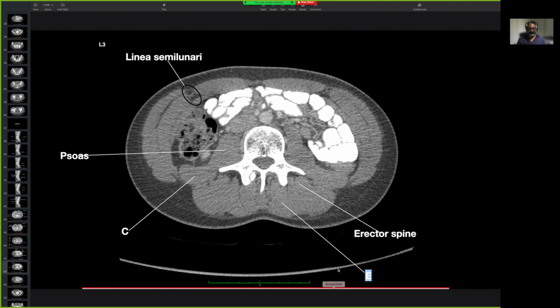C and E. I'll give you E. Oh, go ahead and try. Correct. C is Quadratus Lumborum. And E is multifidus. All right. Well done.